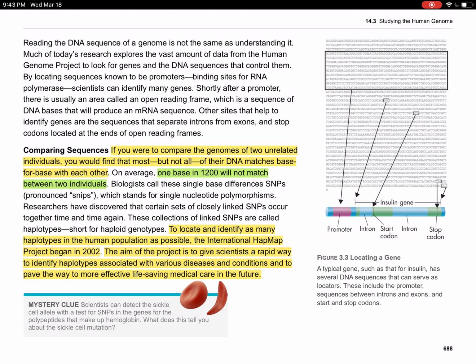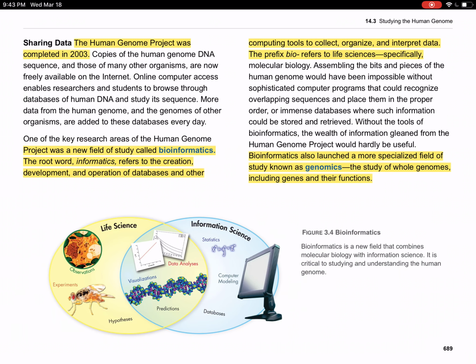Number 6, the Human Genome Project was completed in 2003. This was the 50-year reunion after Watson and Crick published their DNA structure. Number 7, bioinformatics.